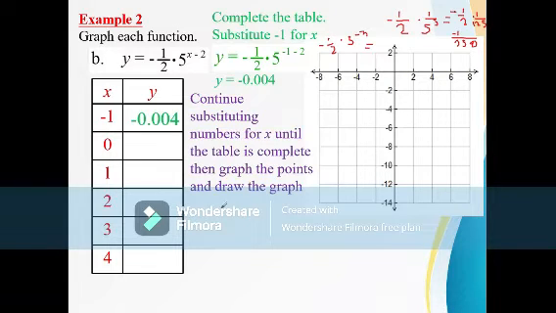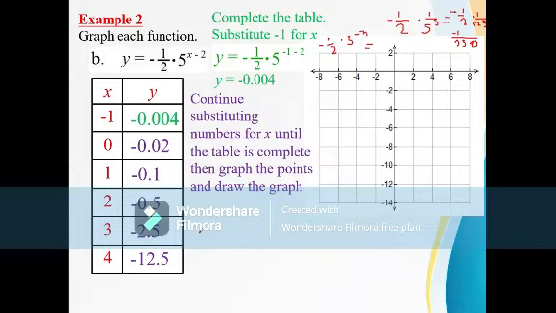Then graph the points and draw the graph. So these are now the values. If x is 0, y is negative 0.02. If x is 1, you have negative 0.1. If x is 2, that's negative 0.5. If x is 3, that's negative 2.5. If x is 4, negative 12.5 is the value of y.